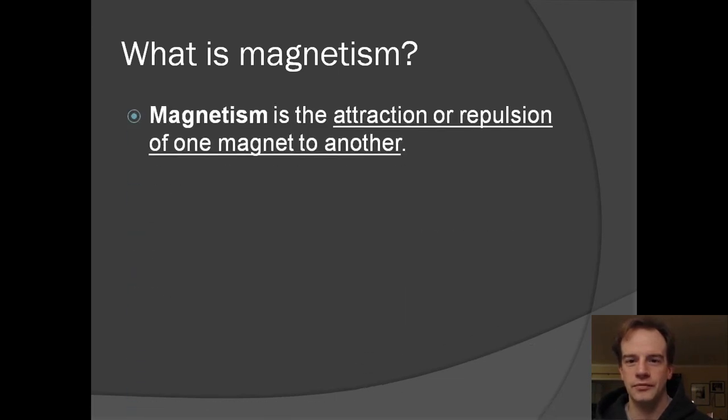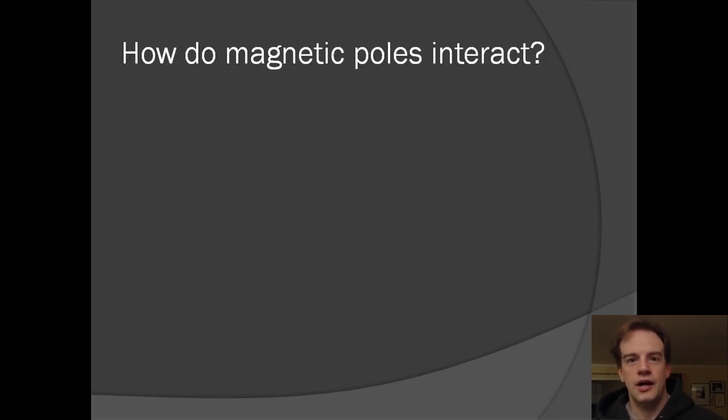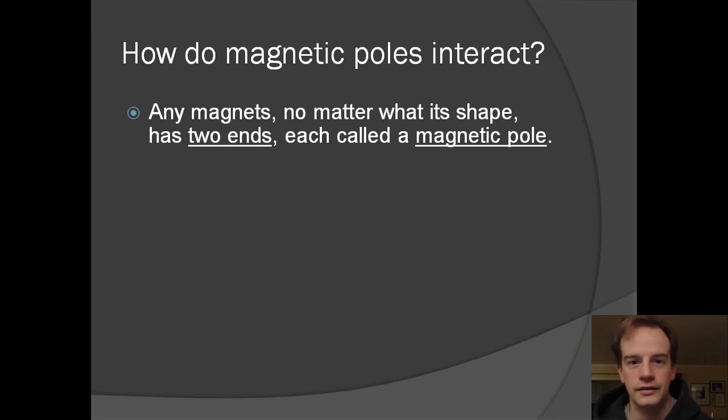Well, magnetism is the attraction or repulsion of one magnet to another. How do these magnetic poles interact? Well, any magnet, no matter its shape, has two ends, each called a magnetic pole.